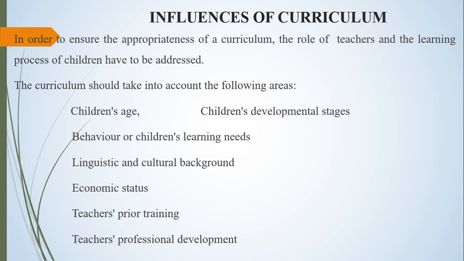Also children's behavior or learning needs, linguistic and cultural background, economic status, teacher's priorities, whether the teacher has taken training, and teacher's professional development should be there, and also the children's developmental age stages.